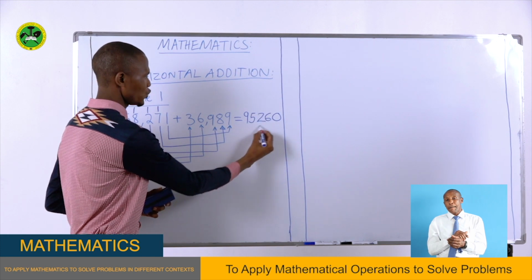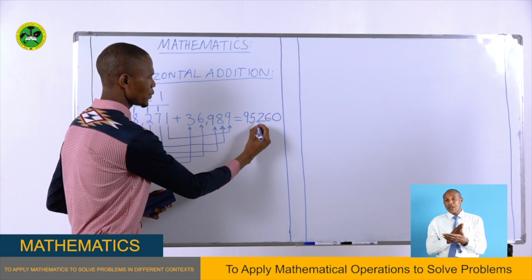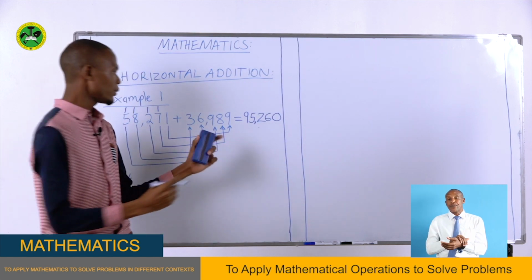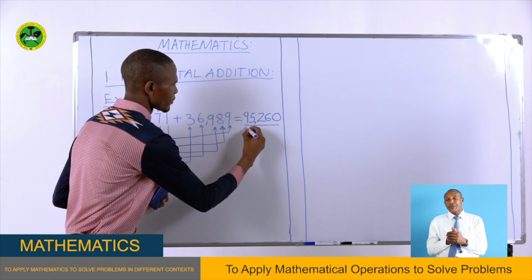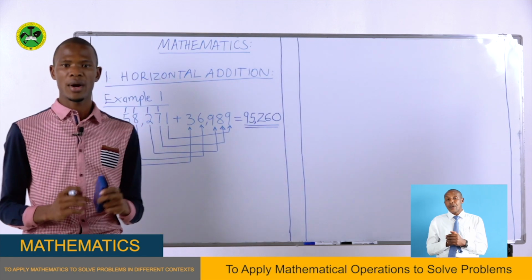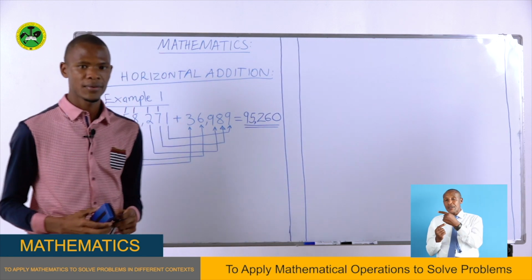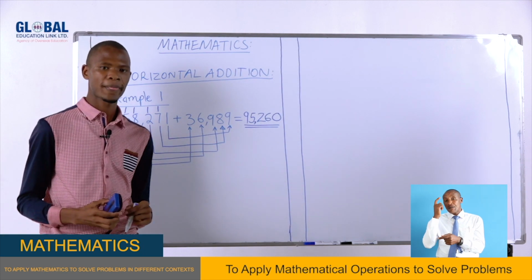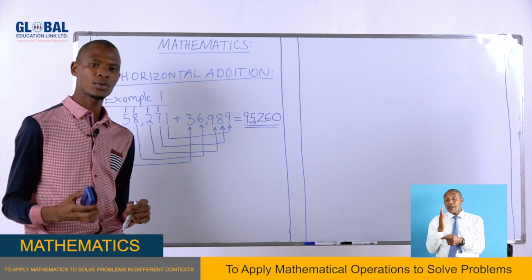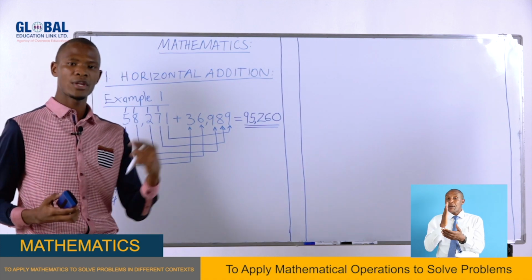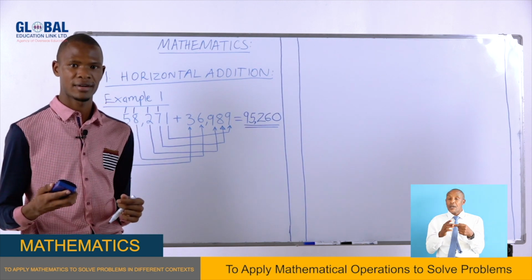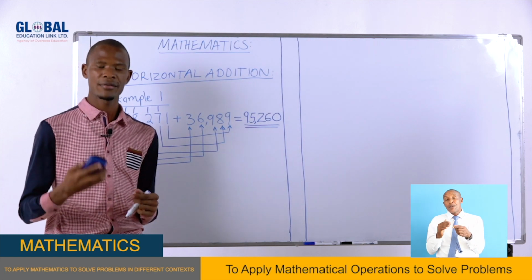So between 5 and 2 we need to put comma. Now this is our answer. Dear pupils, remember to consider the place values when adding, and also make sure that when you add the sum of two digits greater than 10, you need to carry forward.